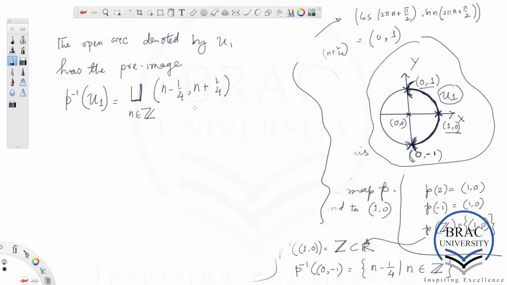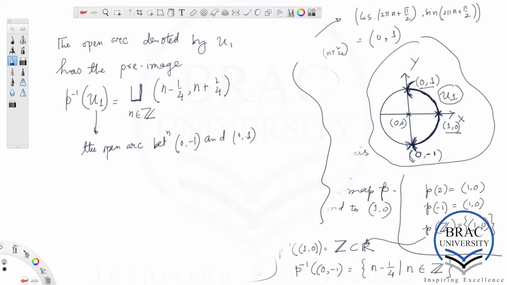So this is the open arc between (0, -1), the south pole, and (0, 1), the north pole.